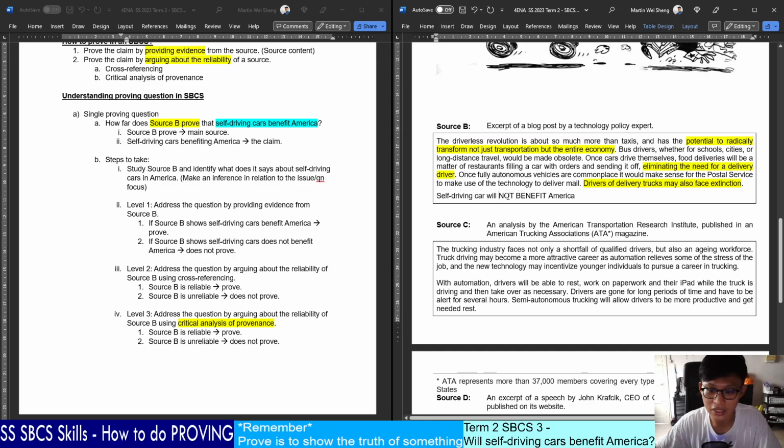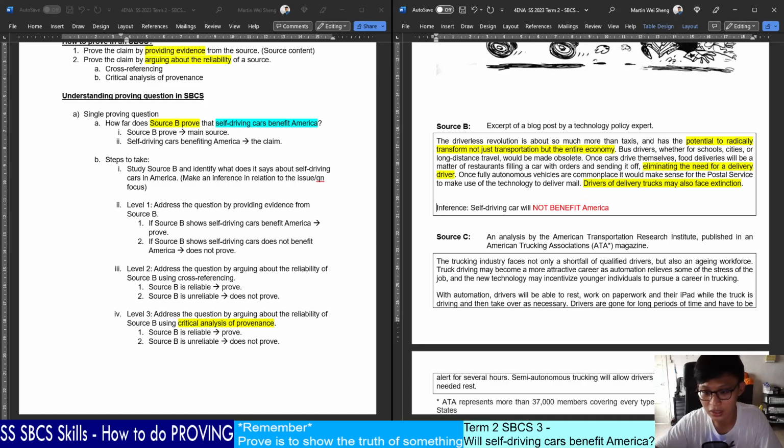Because if we look at the evidence, it says that it would transform the economy, eliminating the need for delivery drivers, and the drivers of delivery trucks may also face extinction. So what is this trying to say? Through the introduction of self-driving cars, workers will lose their jobs. Because once I have the self-driving, I do not need drivers anymore.